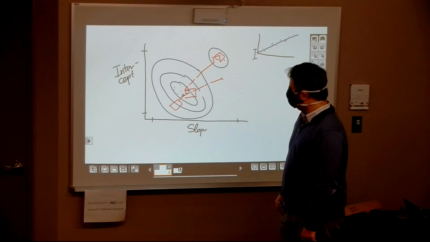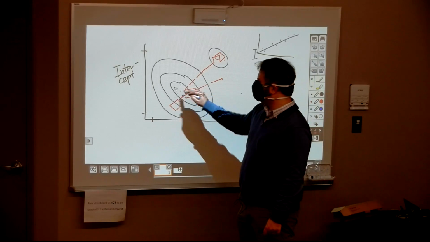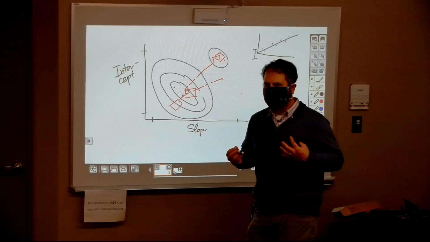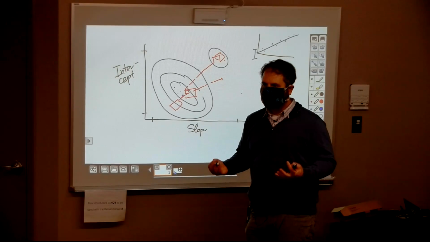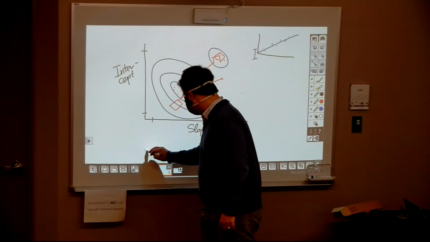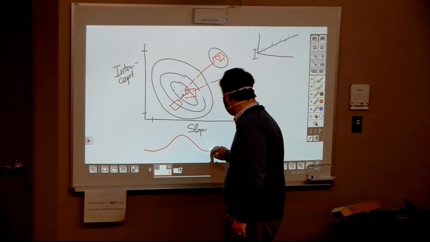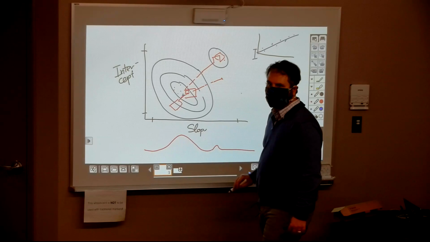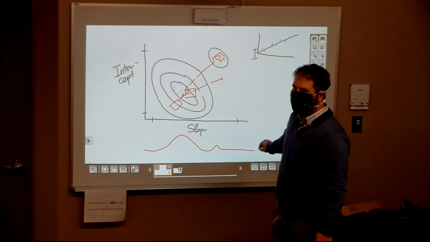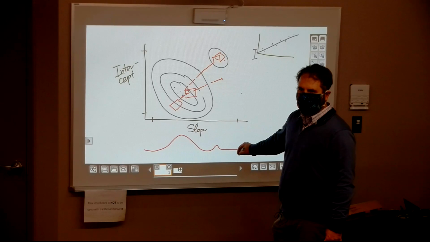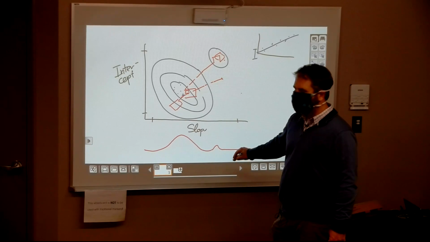Now, another thing I want you to notice is that these things then bounce around here a lot. So if I plot where they spend their time, where they end up most of the time, I end up with basically a histogram that looks like this. And if something like that is there, then they spend a little bit of time there. So you end up with what is called the posterior probability distribution.